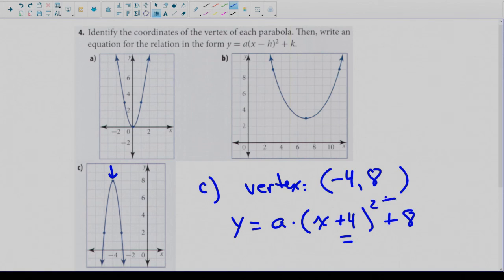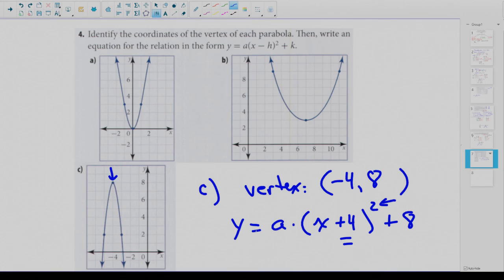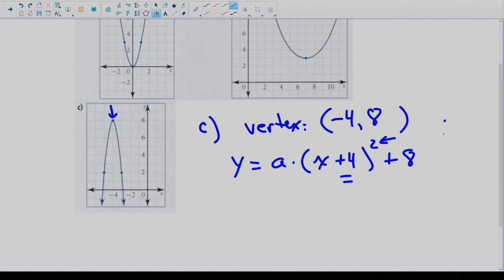And one thing that a lot of students will also forget is to put the square here. All right? So if you don't mind me going way back to the beginning, we're using this general equation here, right? So we're replacing our h value, our k value, and the square has to be there as well to make sure that it's the right format. How do we find a?